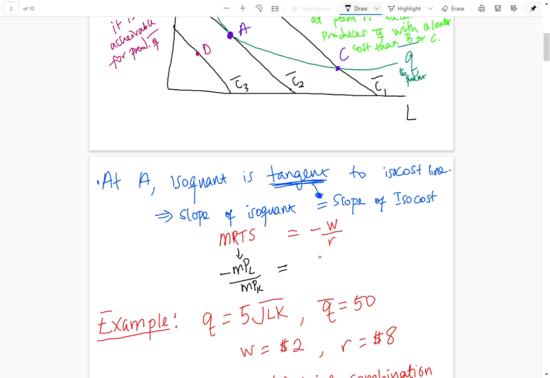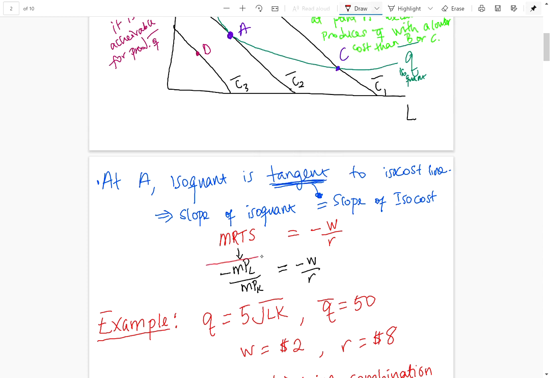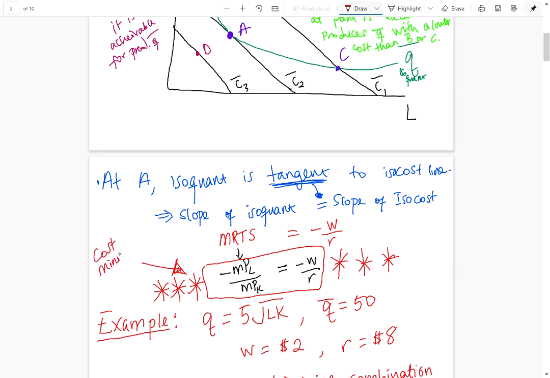So we're setting that equal to negative W over R. This right here is the key finding. This is our cost minimizing condition. This is extremely important.